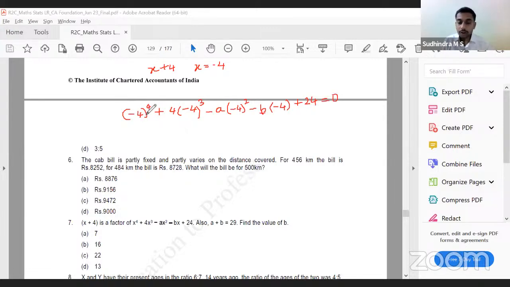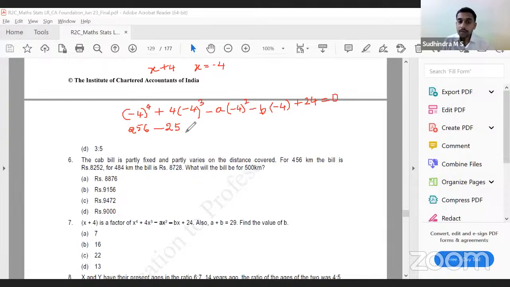So minus 4 to the power of 4 would be, what is minus 4 to the power of 4? 256. Plus 256, plus minus 4 cube is minus 64. Minus 64 into 4 is minus 256.